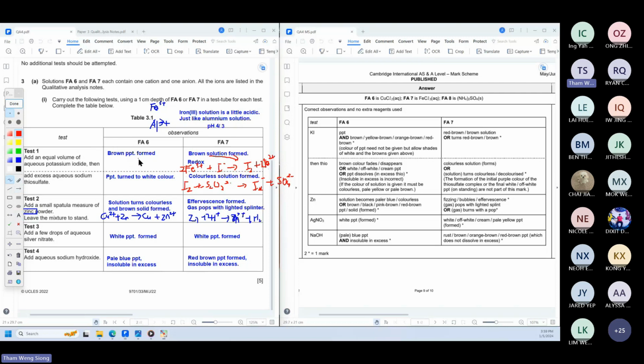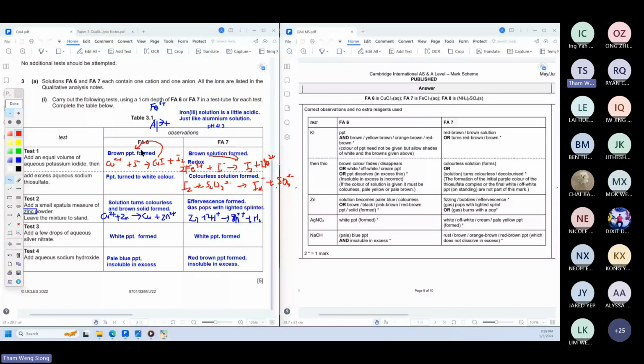Okay, why does a brown precipitate form? This one is very annoying. It's because, in A2, copper 2+ plus iodide will get reduced to copper 1 iodide and I2. Copper iodide is actually the precipitate.